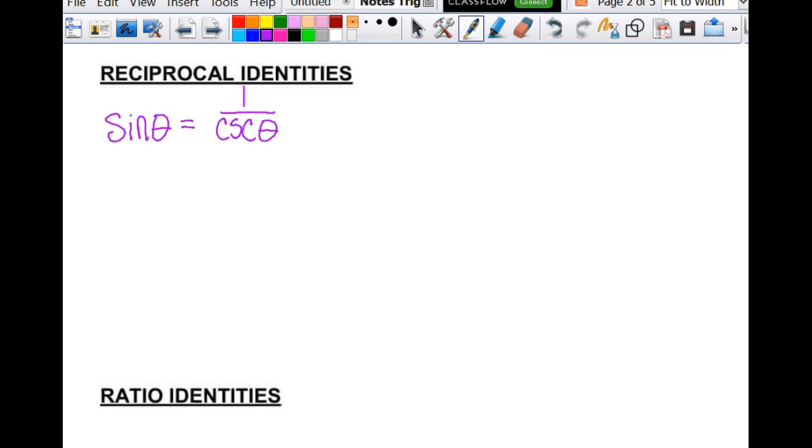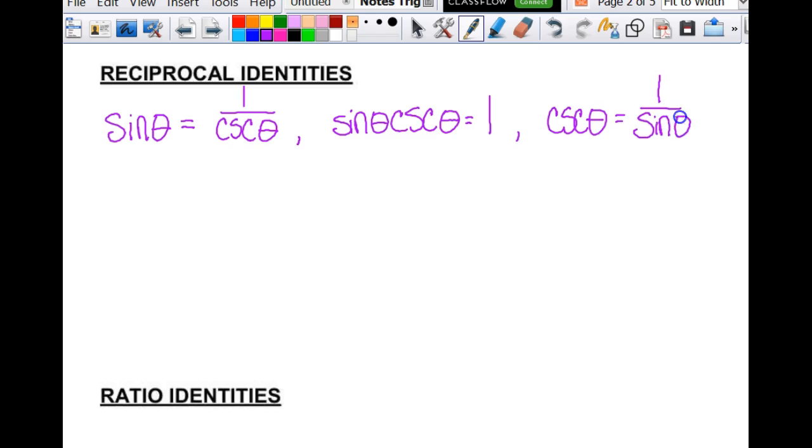Make sense? Okay, so if that's true, if I take this and I multiply both sides by cosecant, then sine theta times cosecant theta has to equal what? 1. Then, if I take this and I divide both sides by sine theta, then cosecant theta is equal to 1 over sine theta.